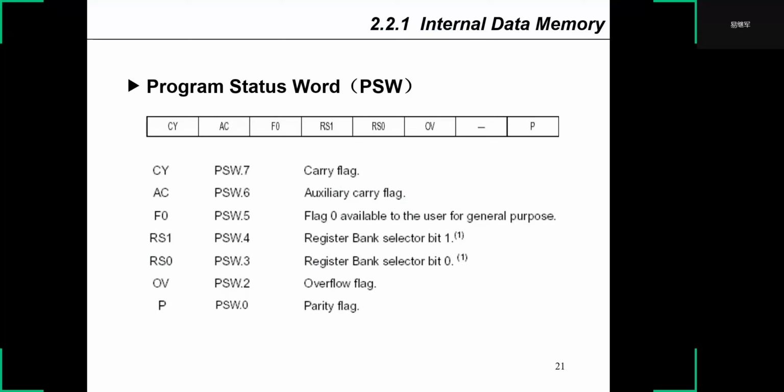This is PSW, the program status word. PSW is a register, and we can access every bit of this register.